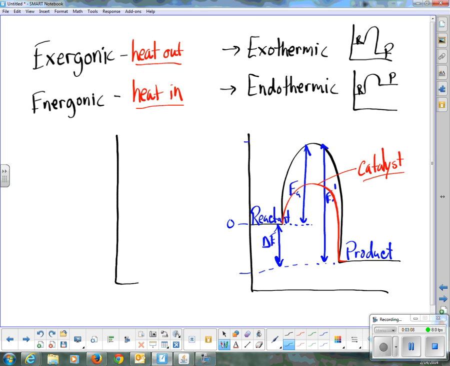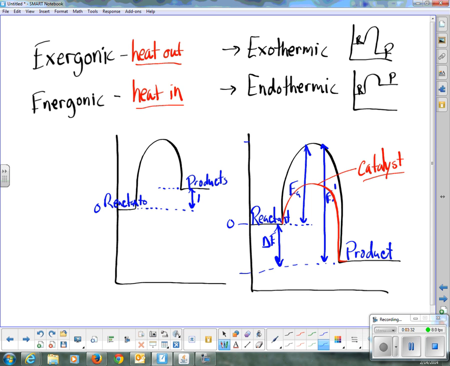Okay, so let's look at another one. We can do the same thing for endothermic, where it's endergonic, where we end up above. So we still have our reactants over here. It's still easier to start at 0, and my products over here. And again, I do my little dotted line for my reactants and my products.